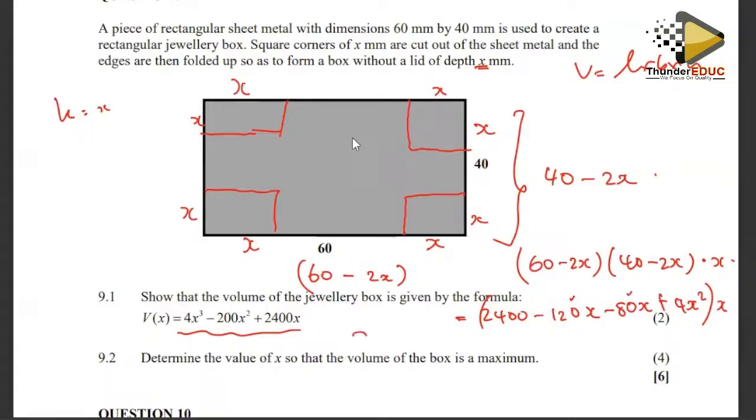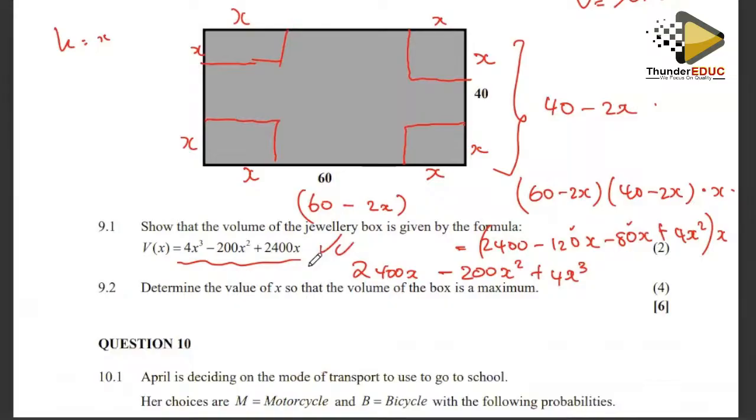When we open with the x, it's 2400x minus 200x squared, and then 4x cubed, which is that. Perfect. And then determine the value of x so that the volume is maximum. We need to find the derivative. So it's 2400 minus 400x plus 12x squared is equal to 0.